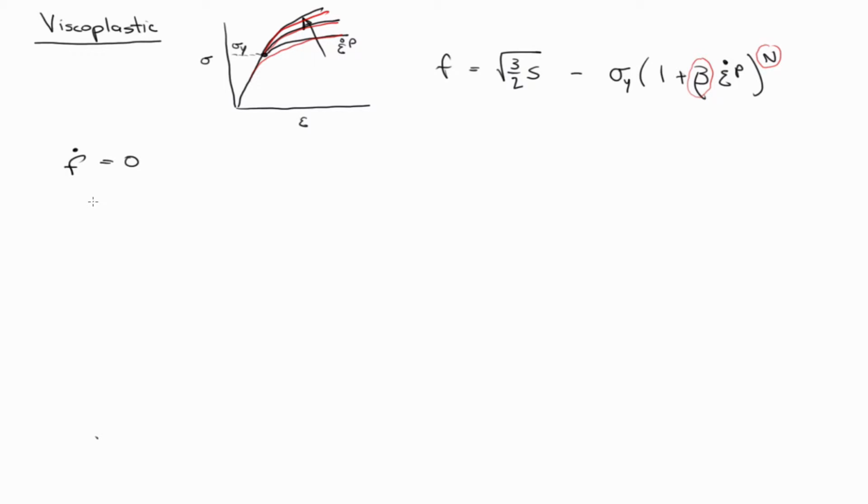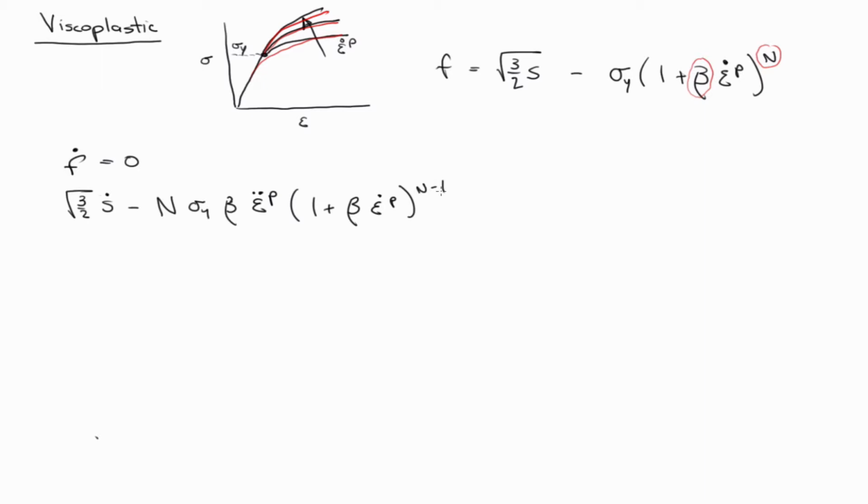So if we compute f dot, we have the square root of 3 halves s dot minus n beta that.